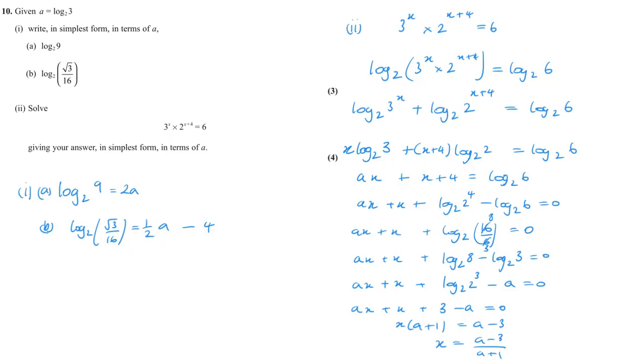You might have to go back a few steps. I could have, at this point, split this one up as well, because this is going to be 2 to the power x times by 2 to the power 4. So split it up into 2 logs there and gone from it that way.